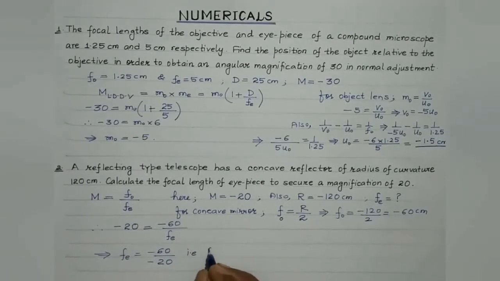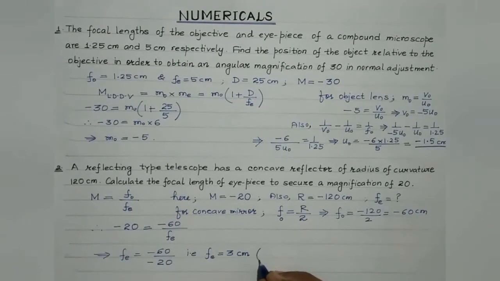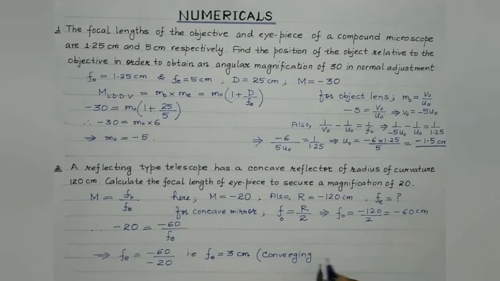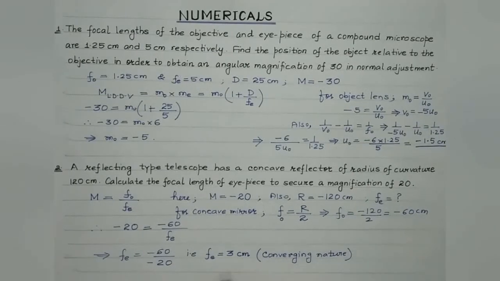That is, the focal length of the eye lens is found to be 3 centimeter. Clear? The positive sign suggests that the lens under consideration must be of converging nature. That is, it is a convex lens. So this is the focal length of the eyepiece so as to secure a magnification of 20.